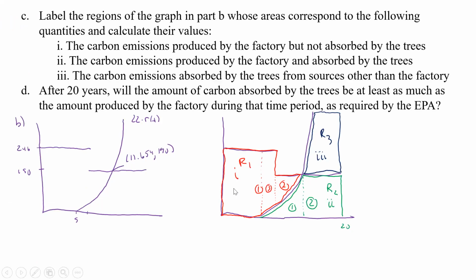So let's go over here. And now our three pieces. This is region 1, and we'll do part 1. That's going to be the integral from 0 to 5 of 246 dx. Basically, that's going to be 246 times 5.